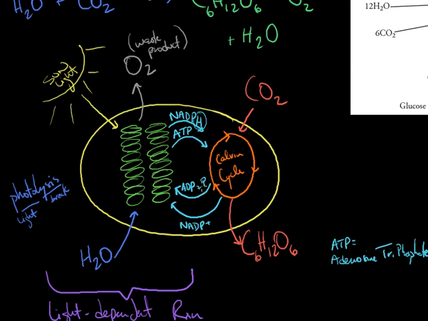So the electrons that held this third phosphate to the adenosine diphosphate have been transferred over to this carbon dioxide, plus the hydrogens that were associated with NADPH to give us glucose, but then they return back to the thylakoids to get their electrons and their hydrogens from the next water molecule, and they cycle back through. So we say that this Calvin cycle is also known as the light-independent reaction.